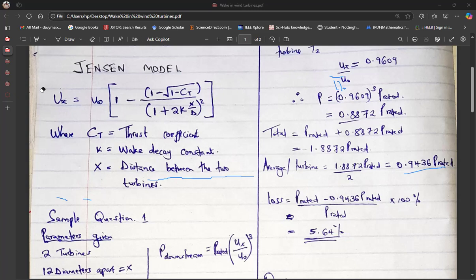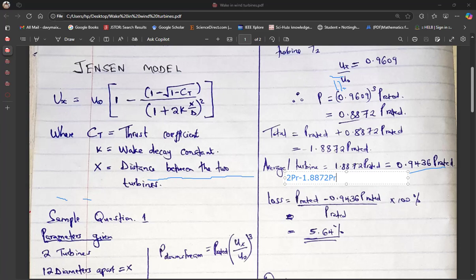And alternatively, instead of getting the average from here, you can decide to work them. We said we are expecting 2P rated, so you just take away 1.8872, which is also in P rated.